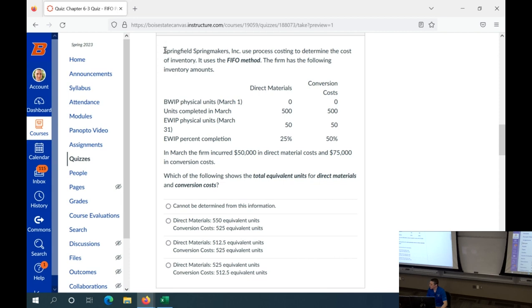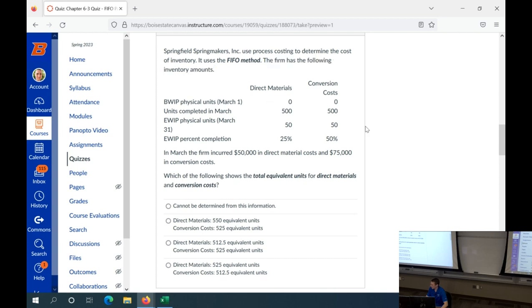All right. So here we have Springfield Spring Makers Incorporated. Use process costing to determine the cost of inventory. Okay, so it's a process costing problem, and it uses the FIFO method. Actually, FIFO method will be enough to tell you we only go over the FIFO method with respect to process costing in this class. So maybe that'll be enough to cue you into what the question is going to be asking. The firm has the following inventory amounts.